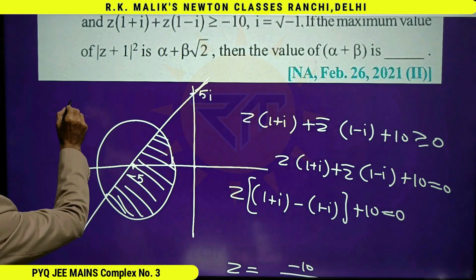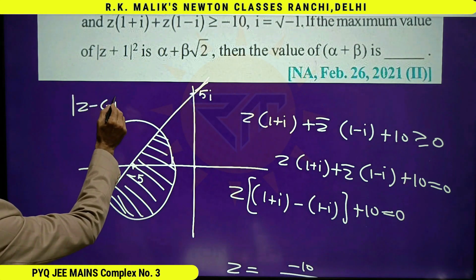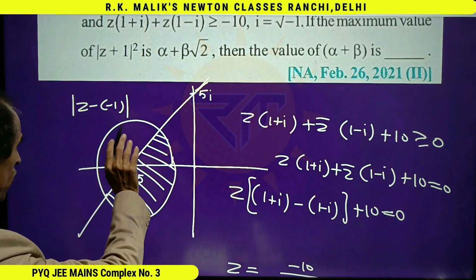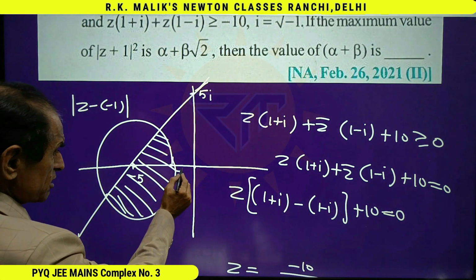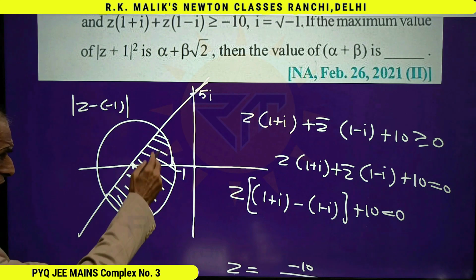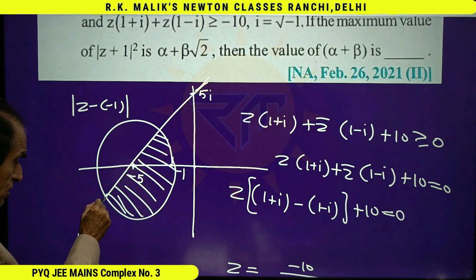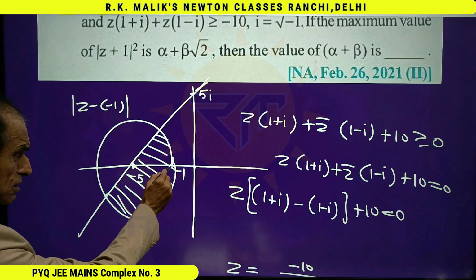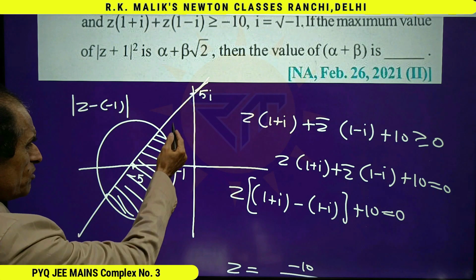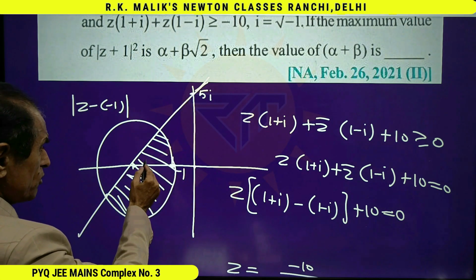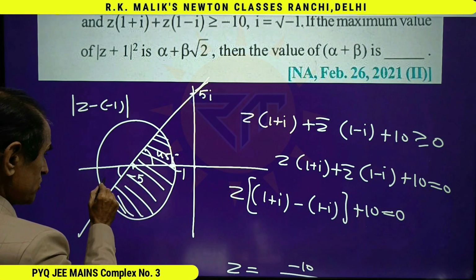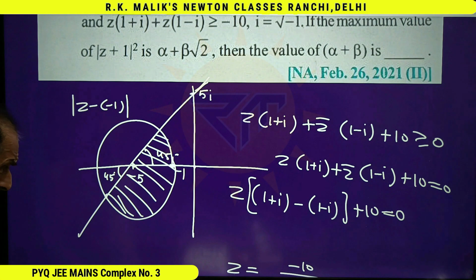Mod of z plus 1 means z minus minus 1, the distance from this point. z lies anywhere on this region. Minus 5 is somewhere here because the radius is 4. And clearly, out of all these points, this point is at maximum distance from this point. From here, 5 and 5, we can easily say that the angle is 45 degrees. Hence this angle is 45 degrees.